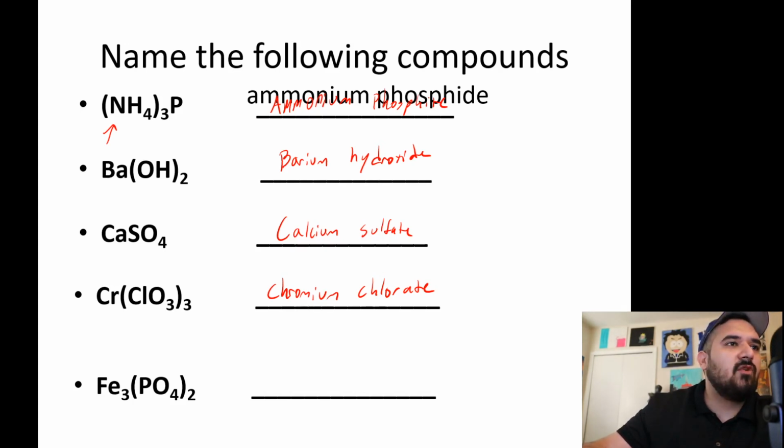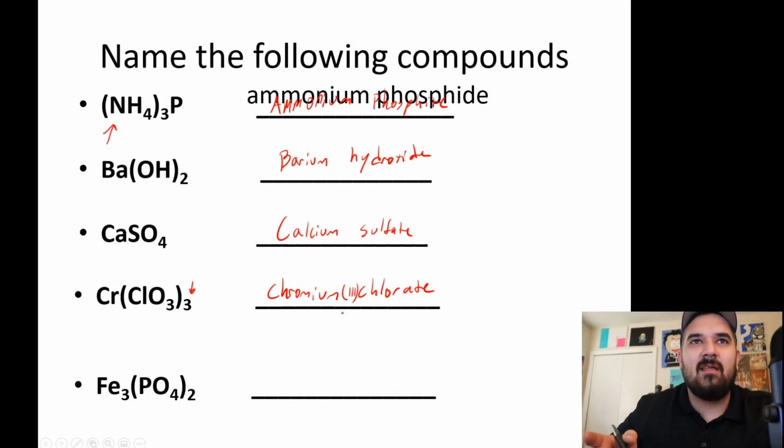All right, so we know chromium has a variable charge, but chlorate has a -1 charge, which means because we have 3 of them, we're going to need to put a 3 here. So don't forget to do that. Even the professionals forget to do that, so my bad. Let's go ahead and look at the next one.